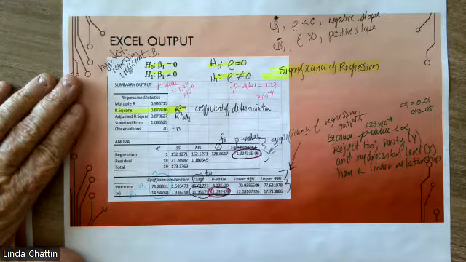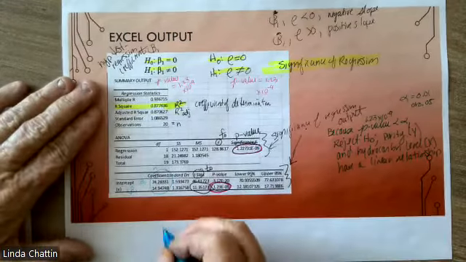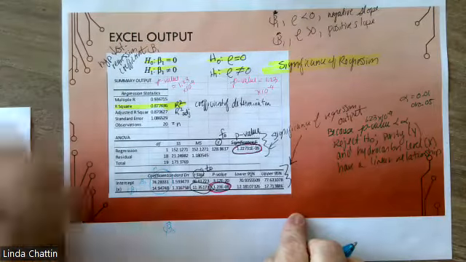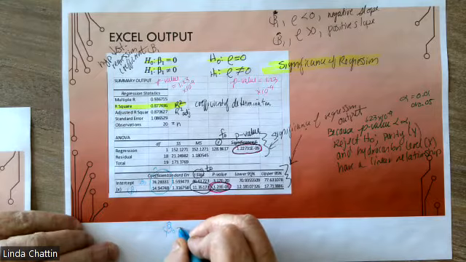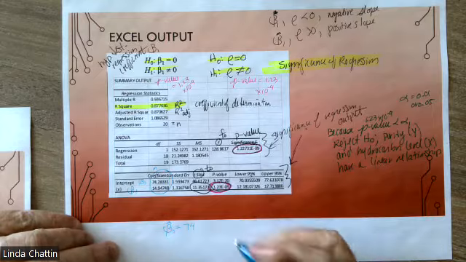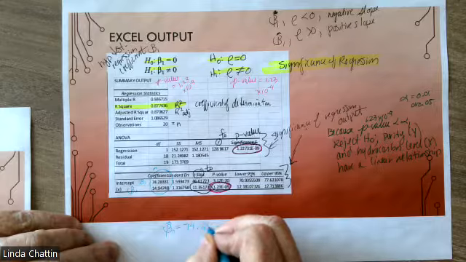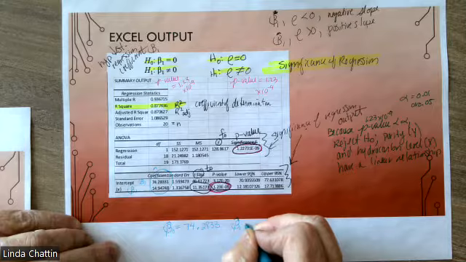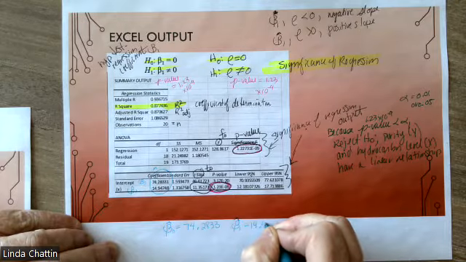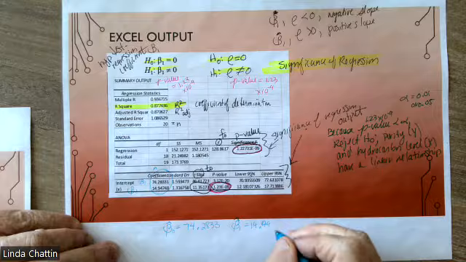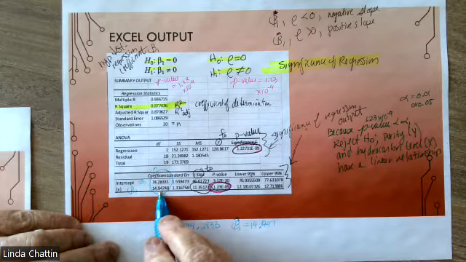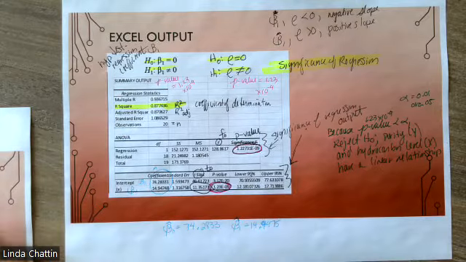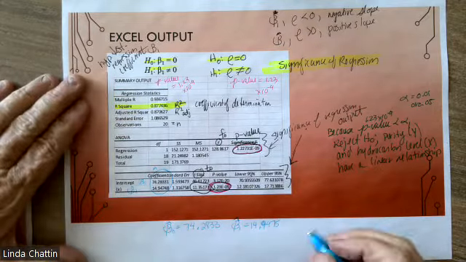I can see that beta naught hat, and that's why I said Excel will do all that least squares stuff for you, is going to be 74.2833, taking it to 4 decimal places, and beta 1 hat is going to be 14.9475, right there.